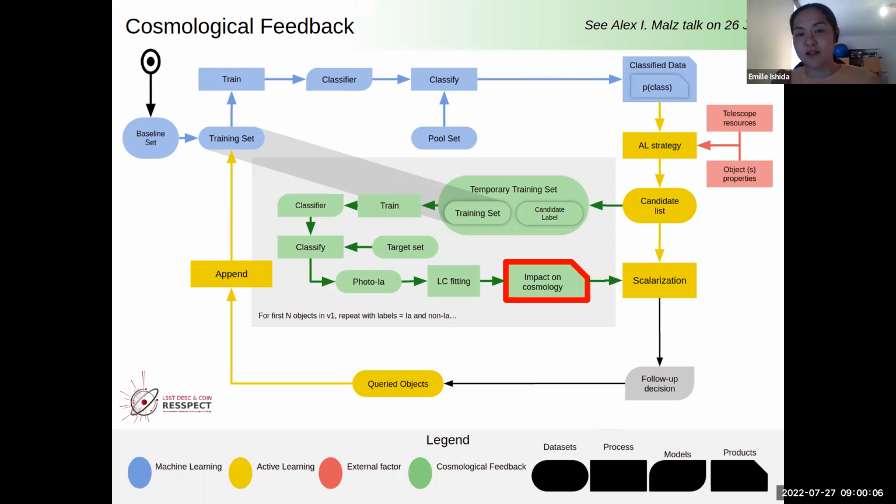I'm not going to talk too much because Alex already gave you a very deep explanation of RESSPECT yesterday. But just to emphasize, RESSPECT is a recommendation system for spectroscopic follow-up with the specific task of identifying, at each iteration of the active learning loop, whether my cosmological results are affected by a different classifier, yes or no.